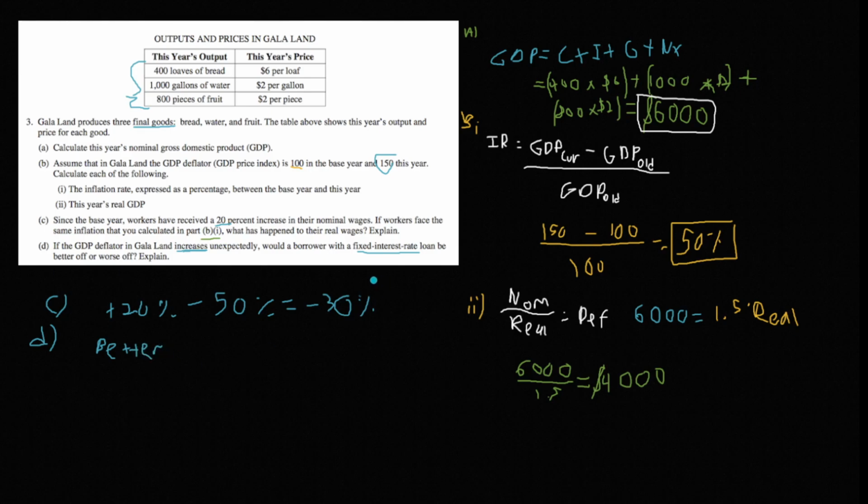They can now pay it off using less effective real dollars. They can now pay it off with less money, essentially, because of this inflation. I know that this is a trick question, so if you want to think about this for yourself, because the inflation rises, they don't have to effectively pay as much.